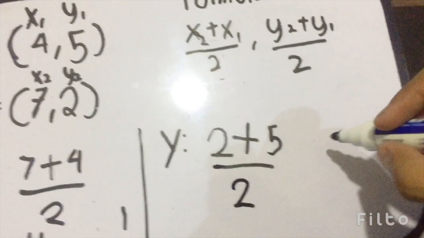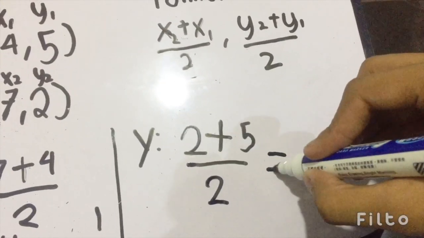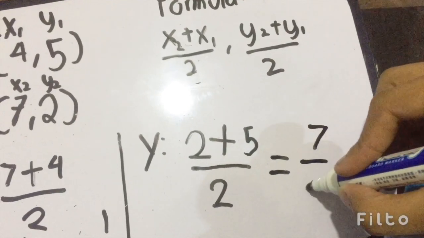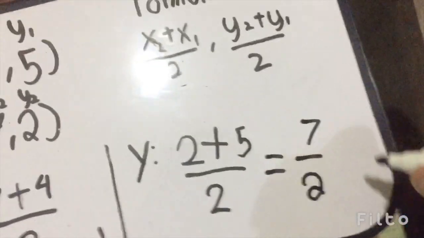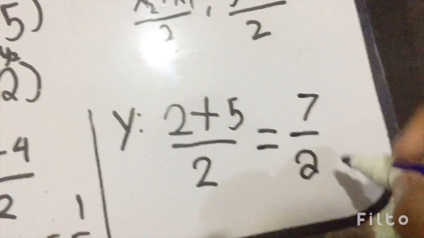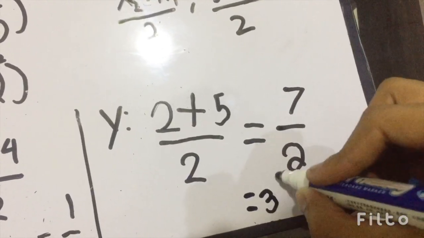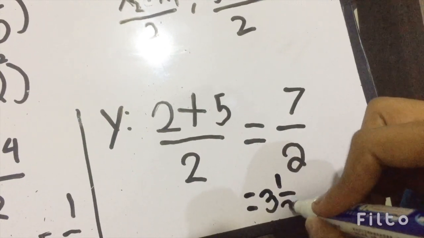Then if we add them, it's 7 over 2. Once again, we will simplify this into a mixed number. It will become 3 and 1/2. And that's it.